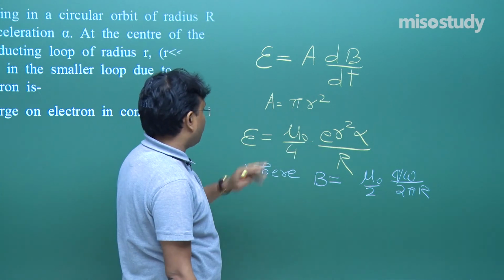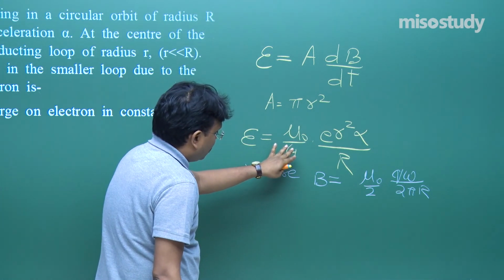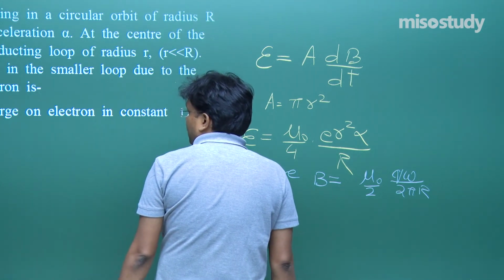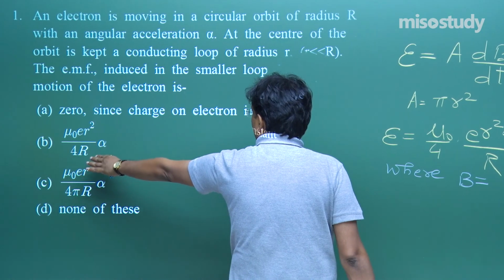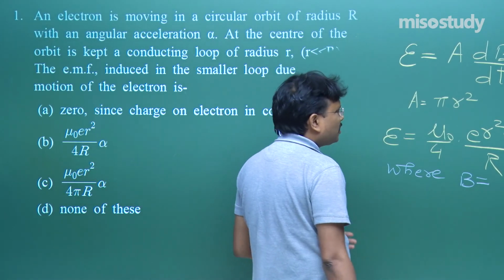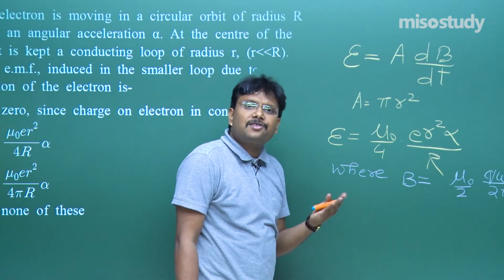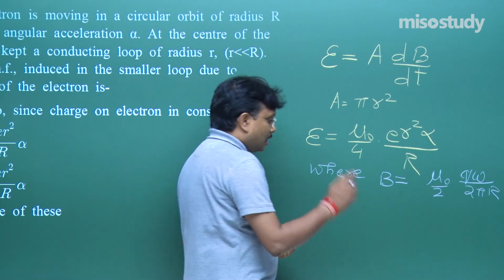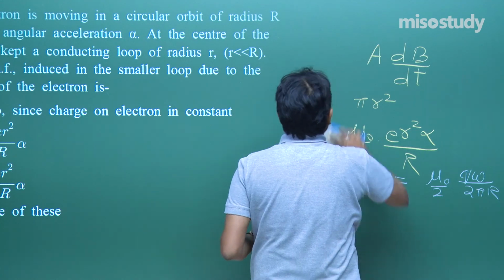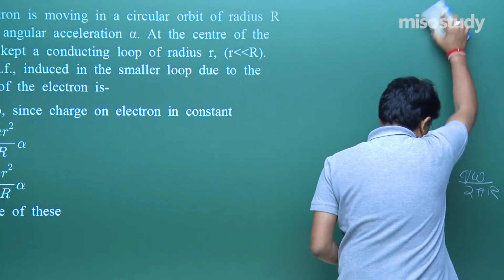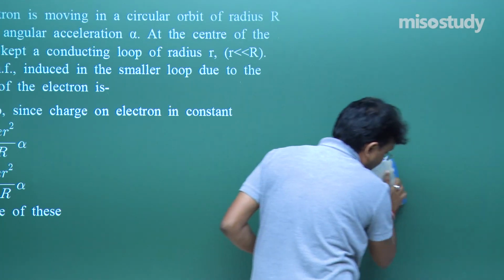So on the basis of this expression, B is the correct option, that is mu naught E r square upon 4 r into alpha. So this question is a basic simple question. Fine. Now I have to move ahead. So let us clean this board so that we can get ready for the next problem for the discussion.